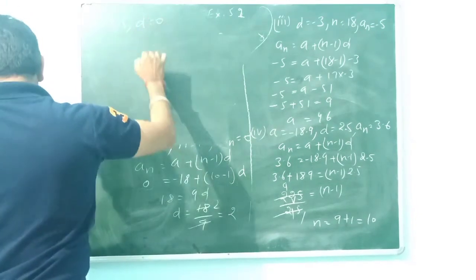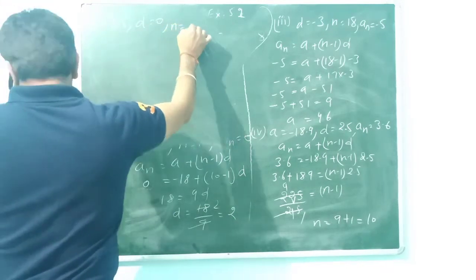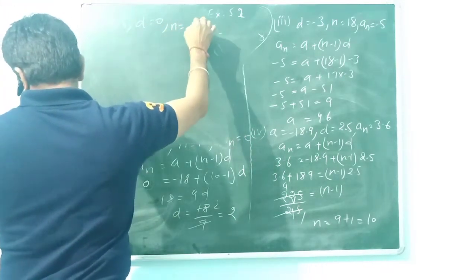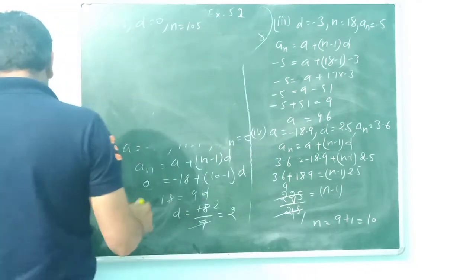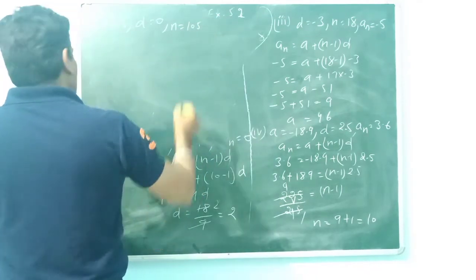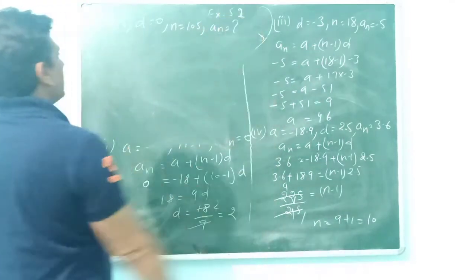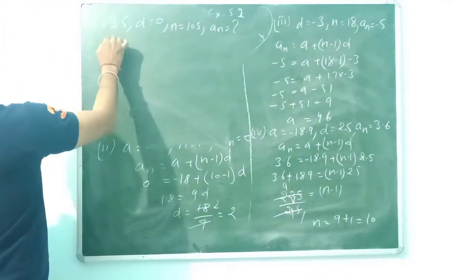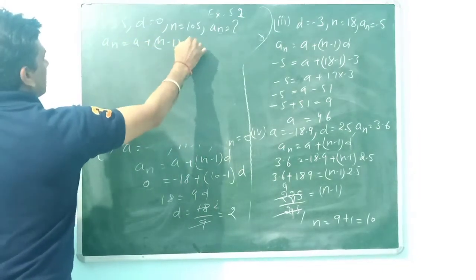D is equal to 0. N is equal to 105. And An we have to find. Again, An is equal to A plus N minus 1 into D.